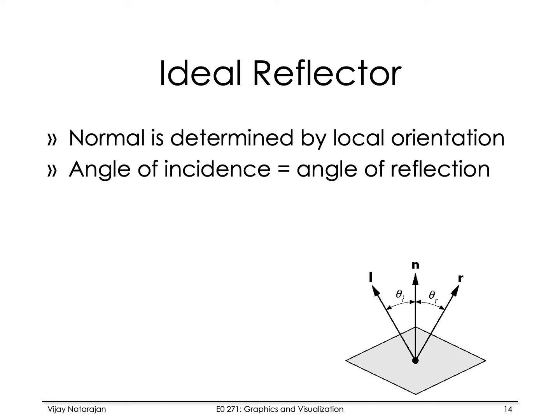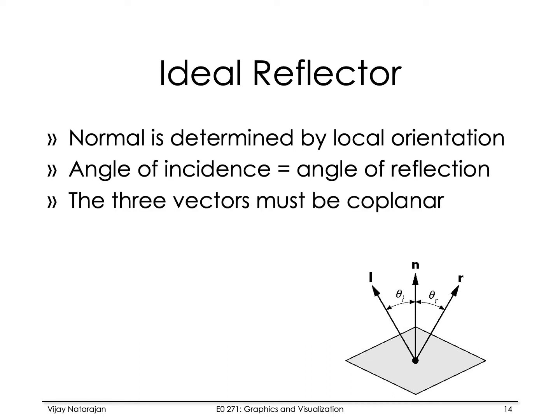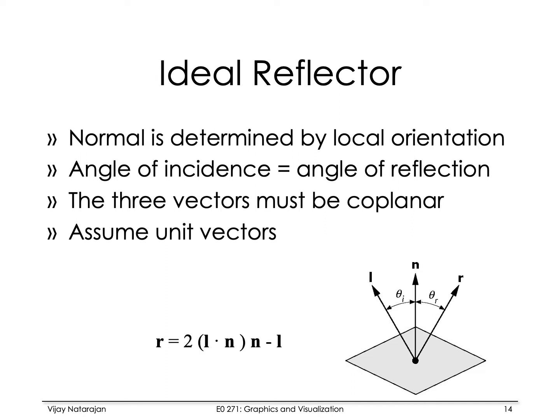As you can see in this picture, theta sub I equals theta sub R. So if you know this, and we know that the three vectors are coplanar, in addition, if we assume that they are unit vectors, so in particular if we assume that L and N are unit vectors, then we can write an expression for R in terms of L, N and theta. So you can try to derive this on your own, not too difficult.